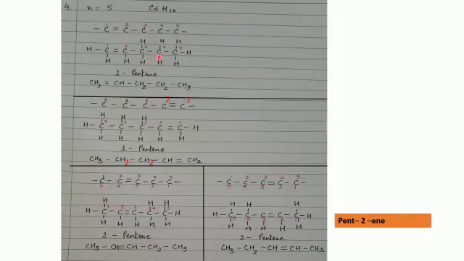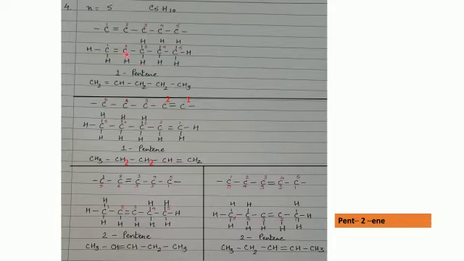Same will be the case with this carbon, since it is already forming one single bond here and one single bond here. So it has 2, 4 electrons, 5, 6, 7 and 8. The last one, it is forming only one single bond here. 3 electrons are still free. It needs 6 to establish octet, and so it will form 3 single bonds with 3 hydrogen atoms.